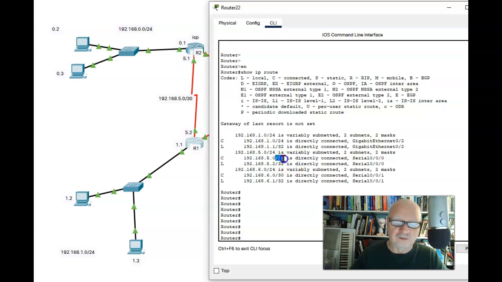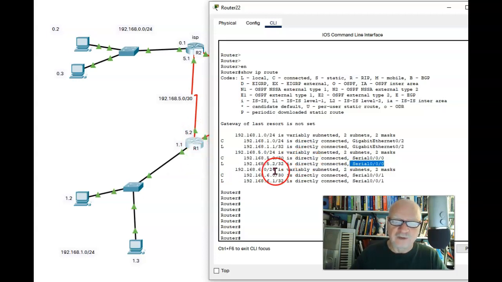So I used a /30 for that. And it knows that 5.2, which means only 5.2 because it's a /32, is local to me. It is connected to me, and I have 5.2 and this particular address on Serial0/0/0. So this is Serial0/0/0.